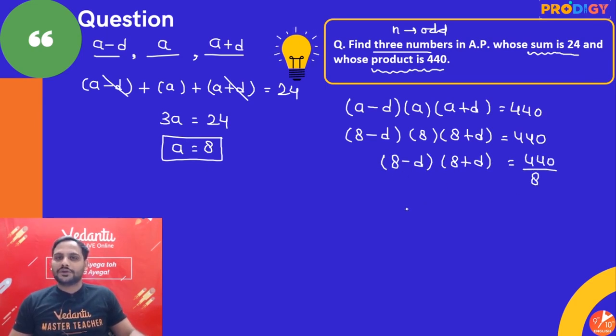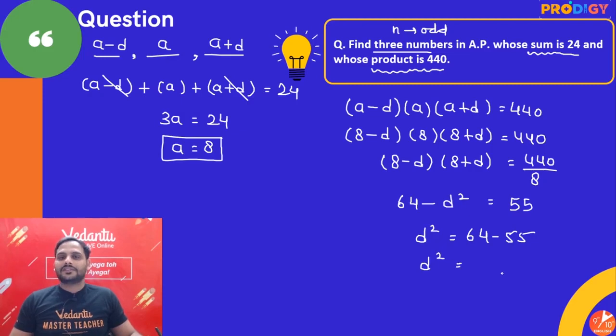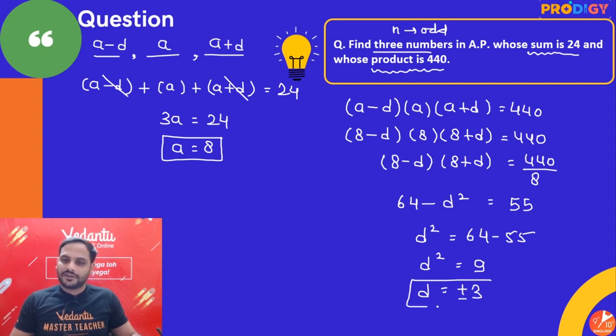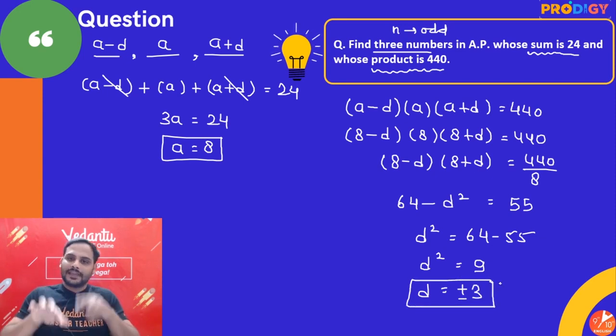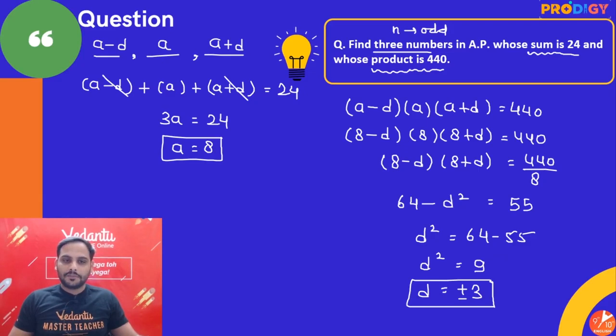So A minus B into A plus B is A square. So 8 square is 64 minus D square is equal to 55, since 8 fives are 40, remainder 4, 8 fives are 55 again. Shift minus D square over here, 55 over there. So you'll get D square is 64 minus 55, which means D square is equal to 9. So what will be D? D can be plus 3 or minus 3.